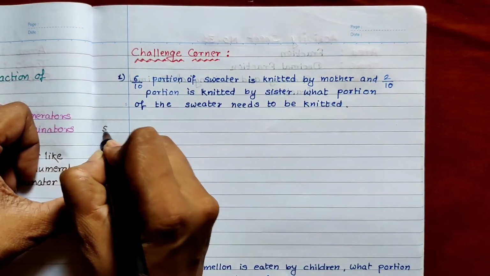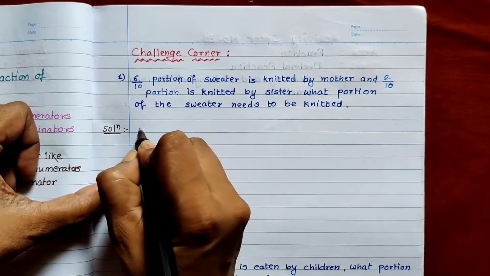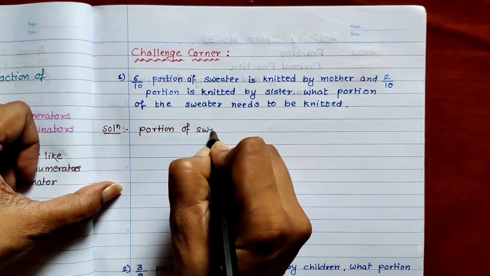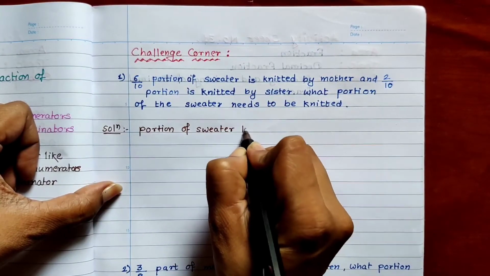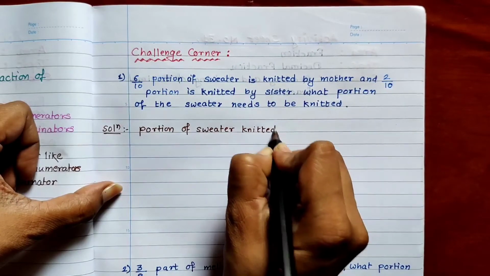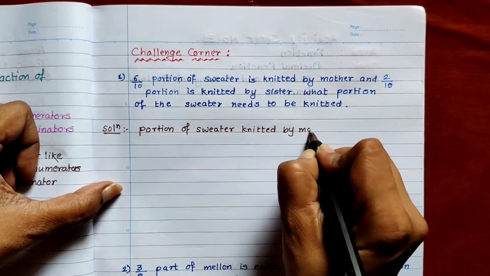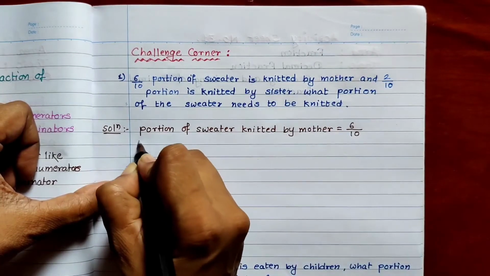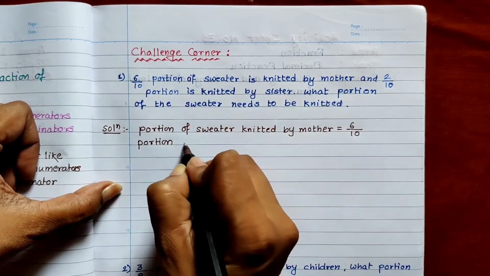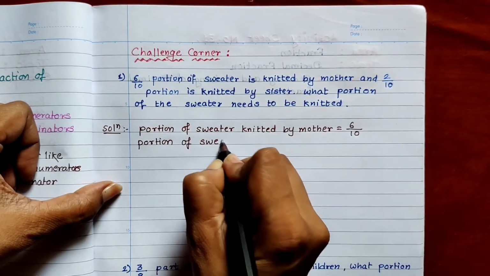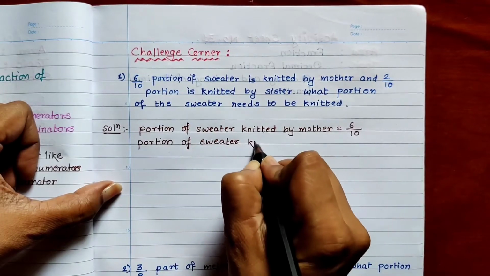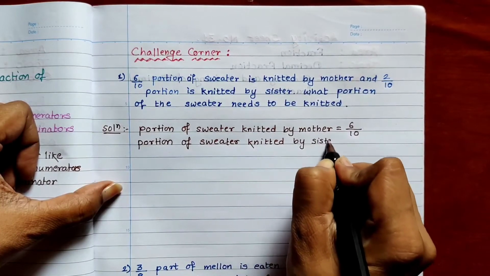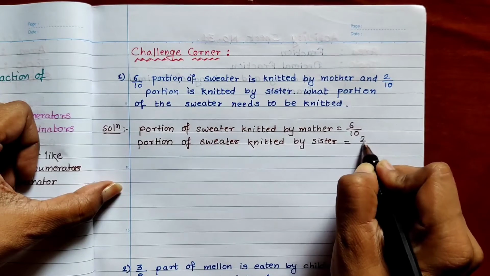So let us write solution. Portion of sweater knitted by mother. How much portion she has knitted? 6 upon 10. Portion of sweater knitted by sister. How much has sister knitted? She has knitted 2 upon 10.